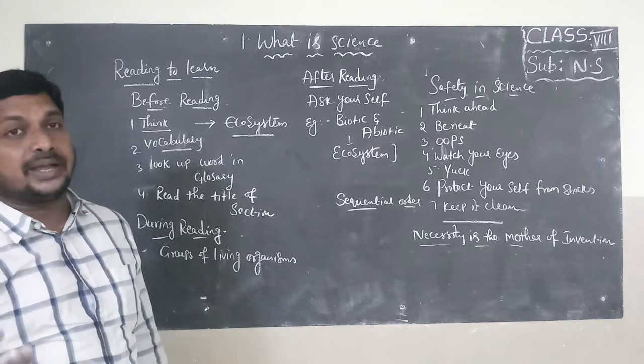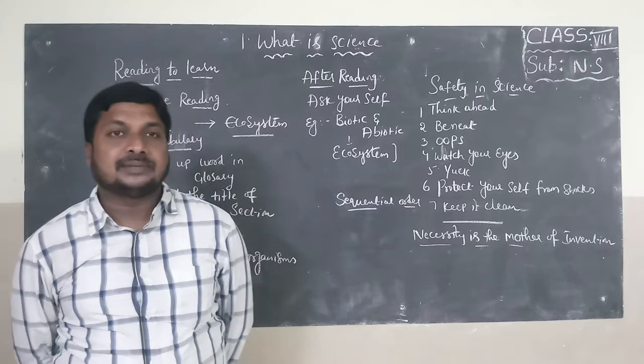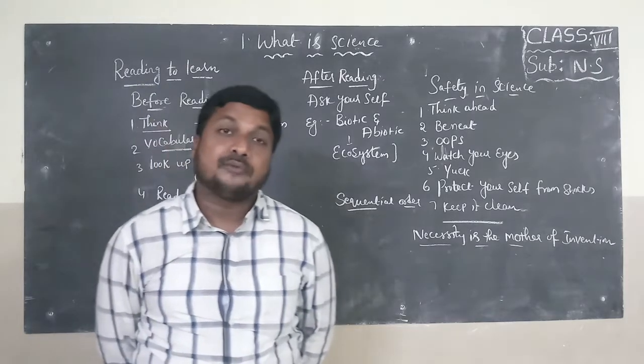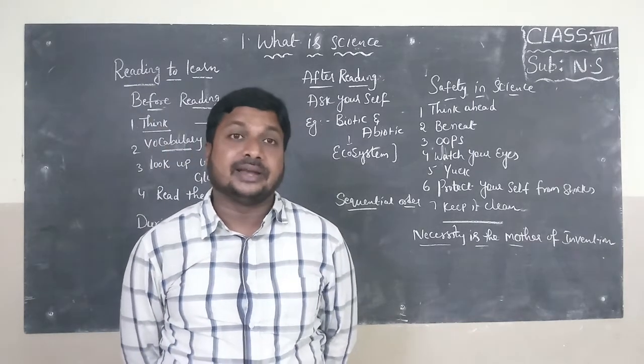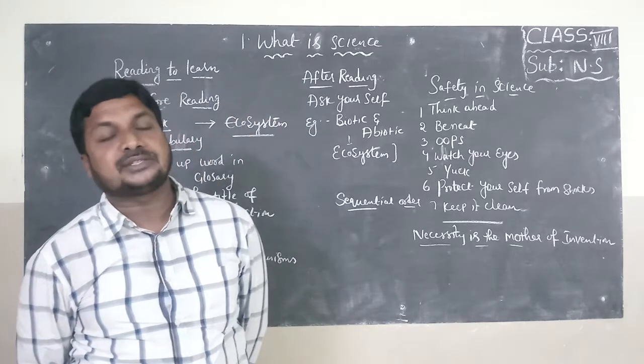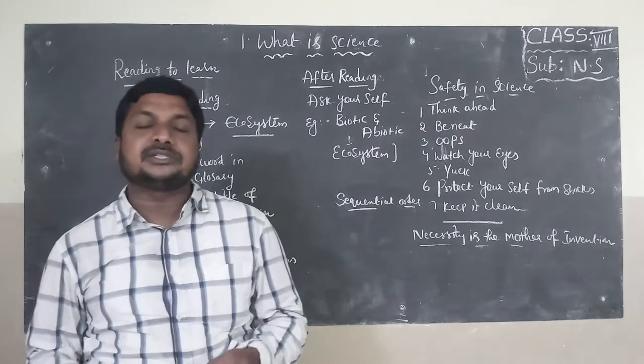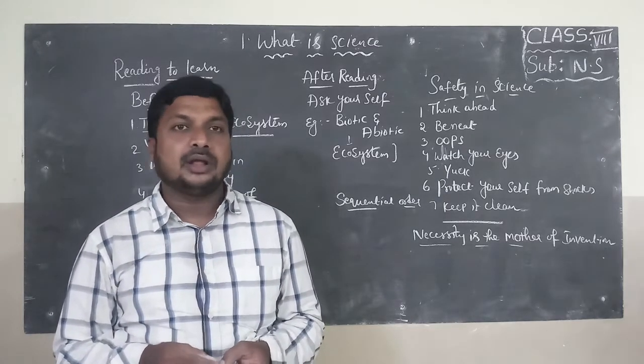And also I explained about the 5 steps involved in the scientific method. That is observe and ask questions, form a hypothesis. Third one is plan an experiment. Fourth one is conduct experiment. Fifth one is draw conclusion and communicate result. Hypothesis means your opinion, whether it is right or wrong.